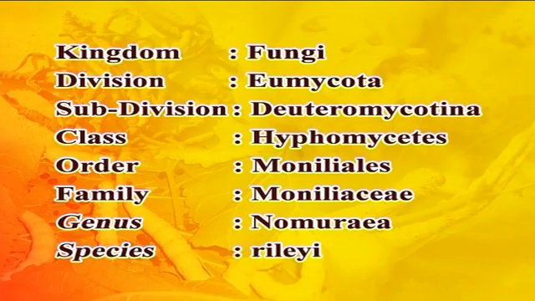The green muscardine caused by Paecilomyces belongs to kingdom Fungi, division Eumycota, subdivision Deuteromycotina, class Hyphomycetes, order Moniliales, family Moniliaceae.